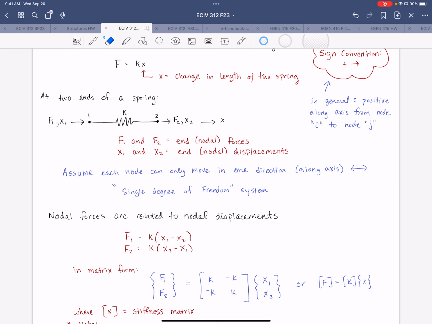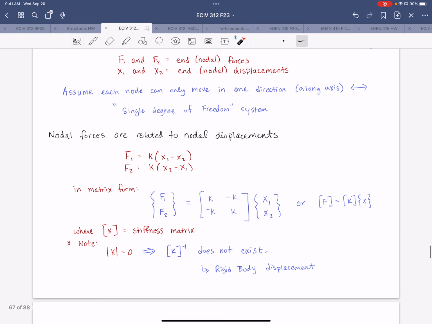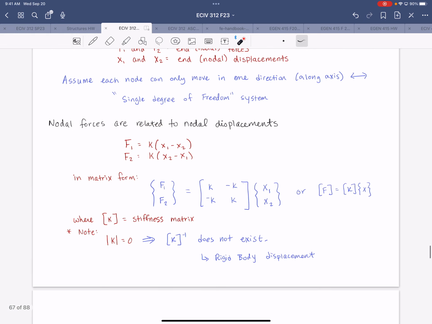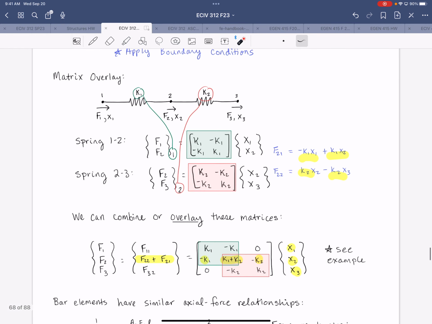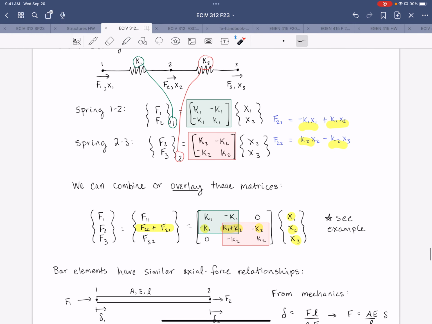And similarly, the force at node 2 will be equal to the stiffness of the spring times how much node 2 displaces minus how much node 1 displaces. Yeah, so it comes from these equations right here. Any other questions? Okay.